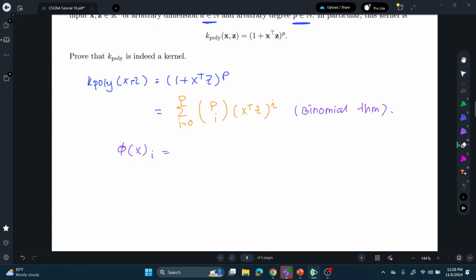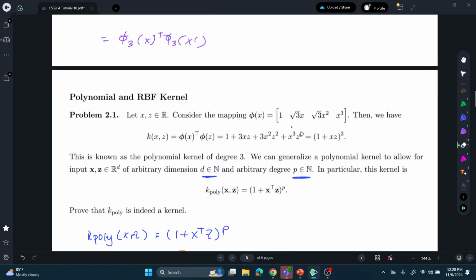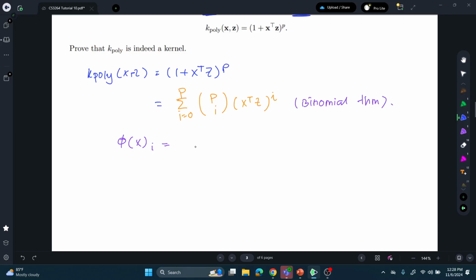Root times root, the root will be taken off of the same element. You notice here that this is 1, 3, 3, 1, right? So then the mapping will have square root of 1, square root of 3, square root of 3, square root of 1, kind of thing. So now this will be just the square root of the combination, multiplied by x transpose z raised to i.